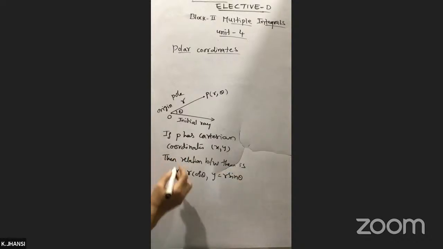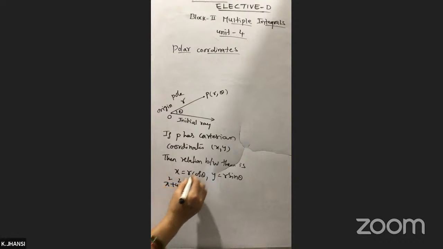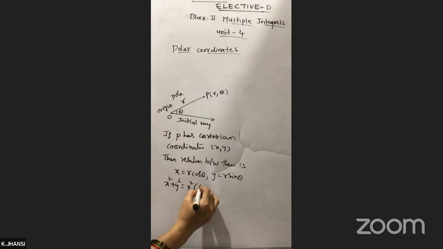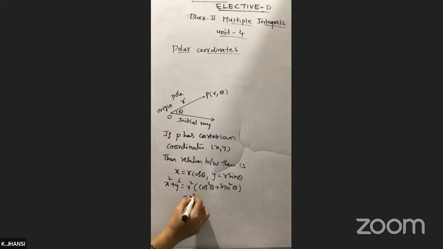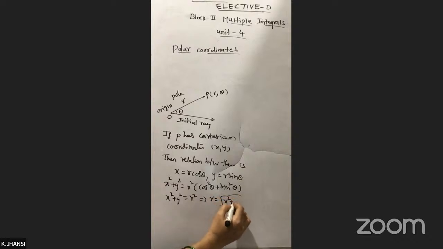Okay. So when you square both sides and add them, you get x square plus y square equals r square into (cos square theta plus sin square theta). Where cos square theta plus sin square theta is 1, so you will get r square. So x square plus y square equals r square, which implies r equals root of x square plus y square.